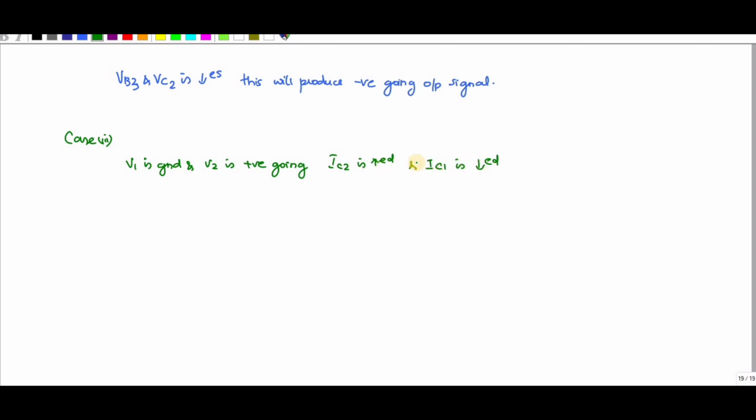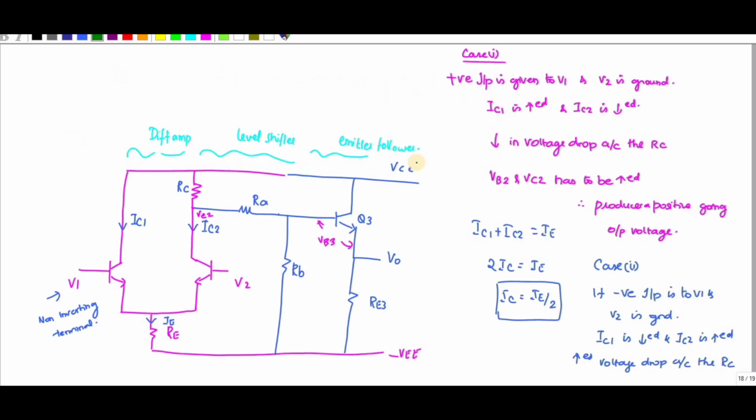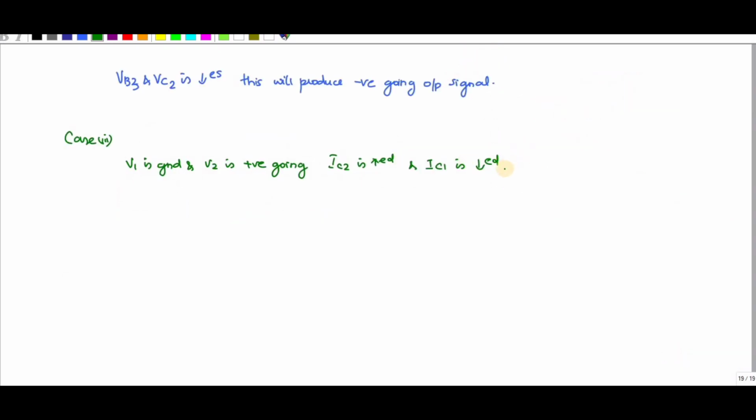If IC2 is increased and IC1 decreased, there is an increase in the voltage drop across the resistance RC. Therefore, VB3 and VC2 decrease.